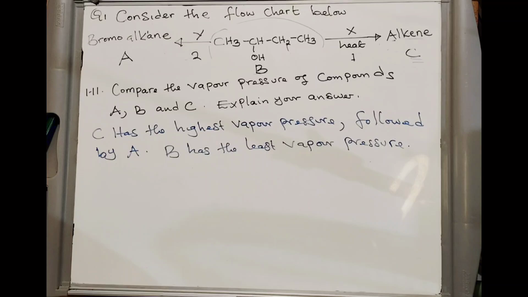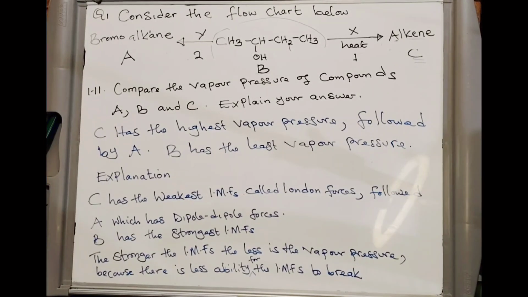Let us write it down. The stronger the intermolecular forces, the less is the ability for the intermolecular forces to break, to release vapor. So the less is the vapor pressure. So no wonder alcohols, which are having the strongest intermolecular forces, have the least. And alkenes, which are having the least, they have the highest.